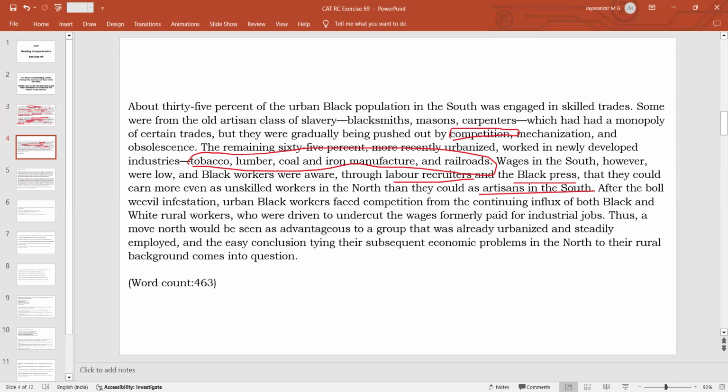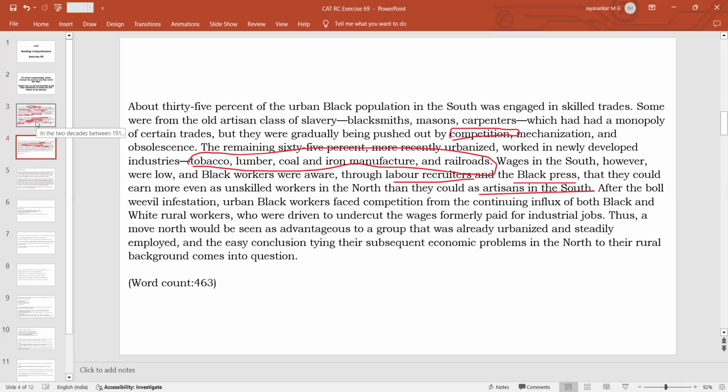So that is the counter argument to the question that is raised in the second paragraph. Why would the black urban workers, who are well settled in the cities in the southern United States, want to move to northern United States during the Great Migration? The answer lies in the fact that the wages were already low in the southern United States in the cities, even for skilled workers.